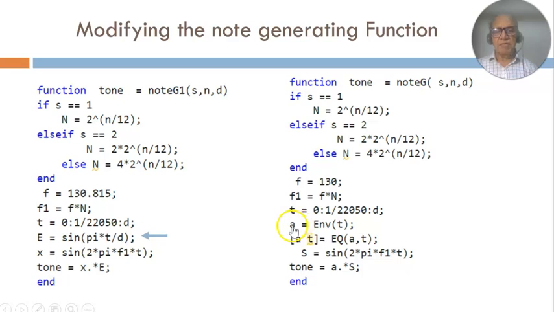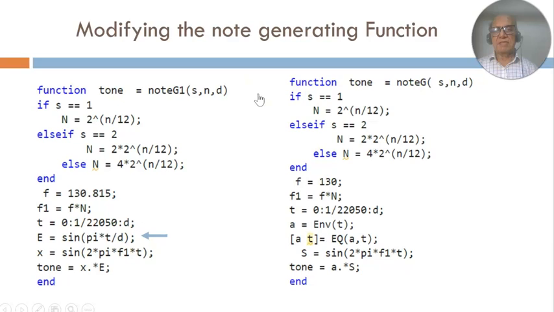Also remember that while generating this ADSR function, it could be that the number of samples in A are slightly different than the number of samples in T. Since they need to be made equal, we use the equal function, so that after executing the equal function, the number of samples in A and T are same. And now we generate the sine wave and again multiply the envelope with the sine wave and return the note. Okay, so that is the modified one.